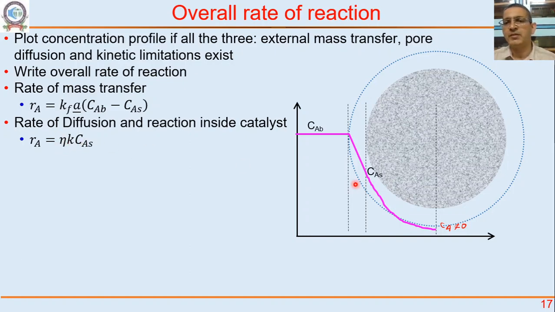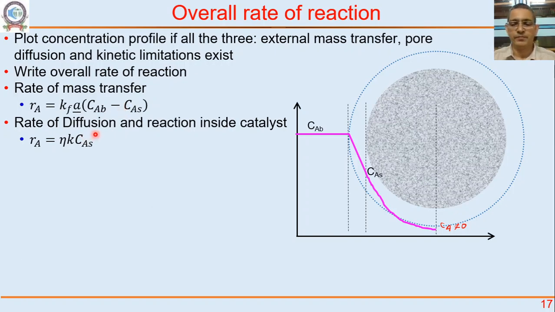I don't have to know what is there inside. I don't need to measure. I can just define everything based on the concentration at the surface. Surface concentration also is not easy to measure. I can't take a sample and measure. Bulk concentration I can measure in the bulk of the fluid. So eliminate CAs from these two equations and simplify.